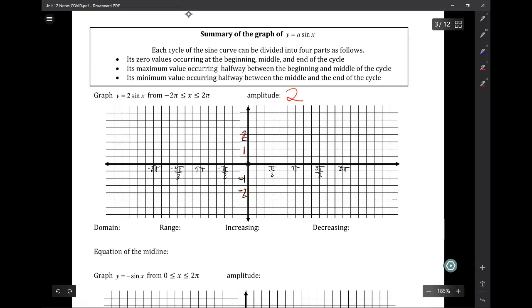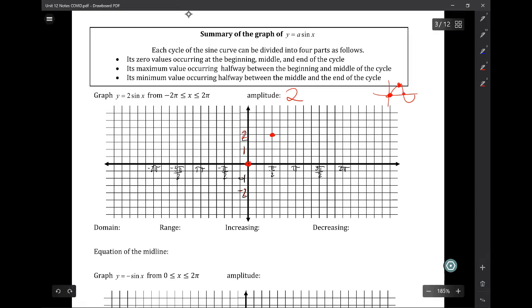Sine always looks like an S. A sine curve pretty much looks like an S. It starts at 0, 0. It starts on the midline. At 90 degrees, it's going to hit its maximum. So at π/2, we're going to go up to our amplitude of 2.